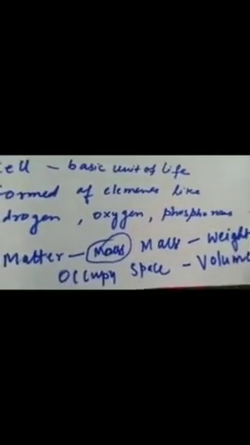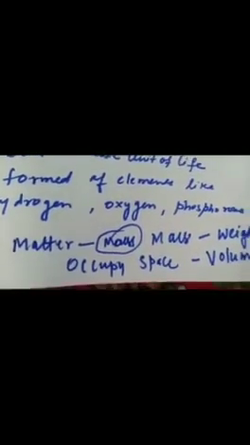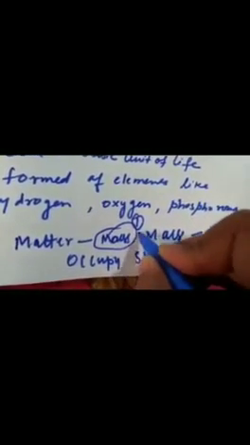So the two parameters to categorize any object as matter are that it should have mass and it occupies space.